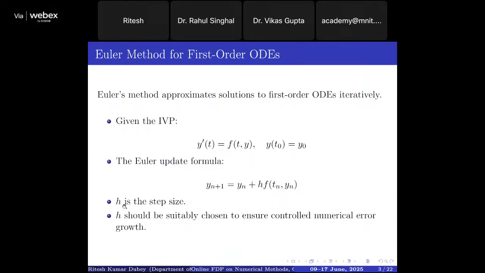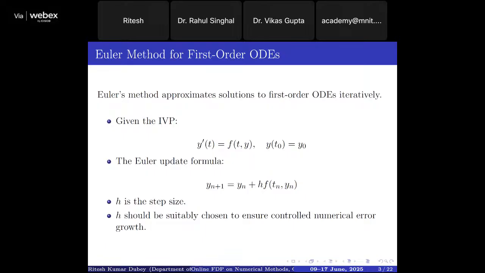And here we have h as the step size. What h is doing here is that we have the solution at time t equal to t0, and we want to find the solution at some later time, say capital T. So h is the step size.